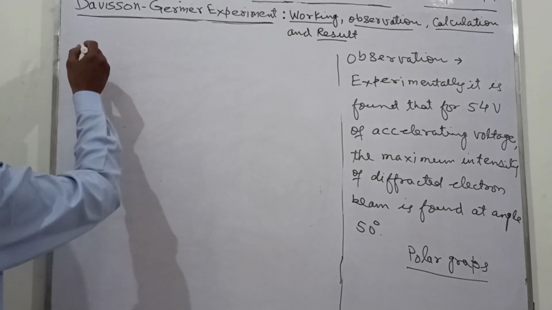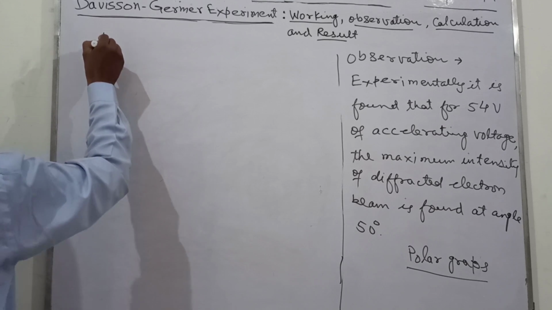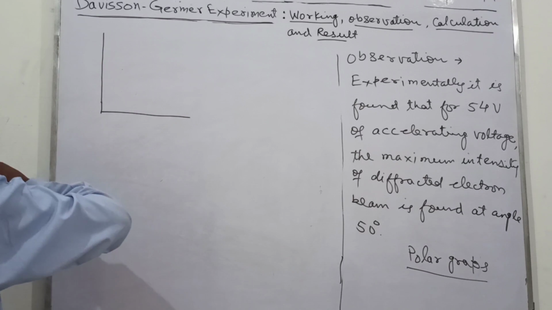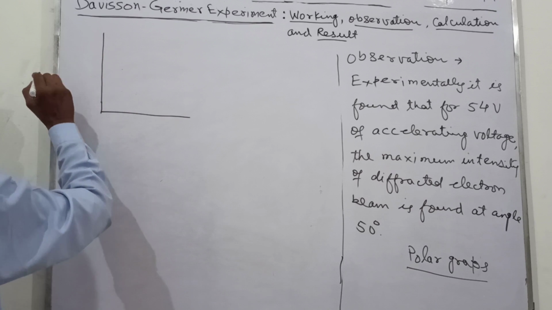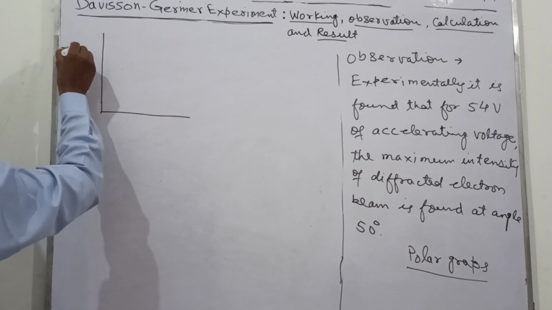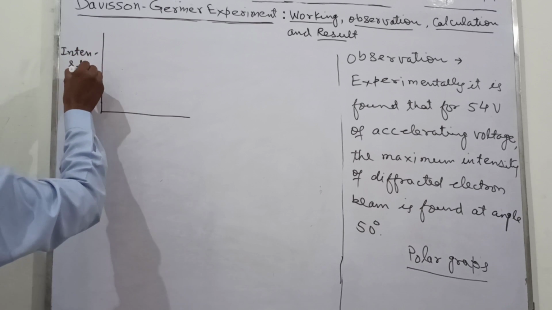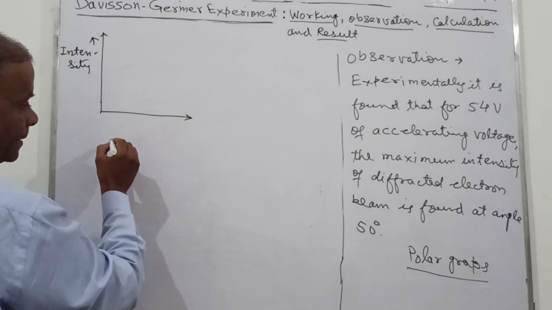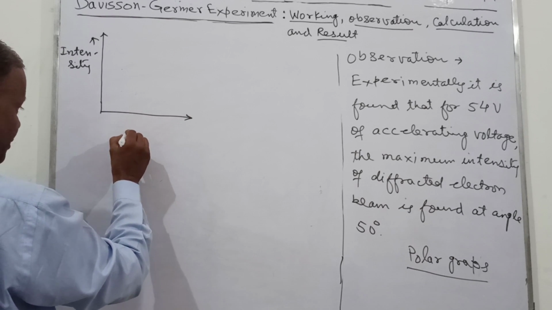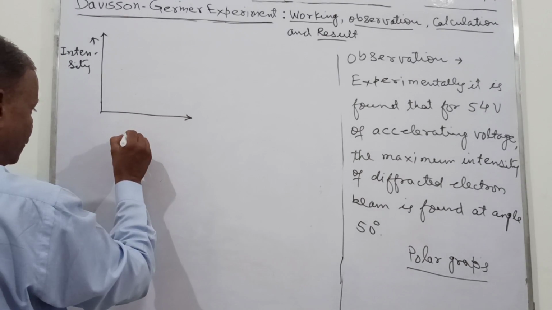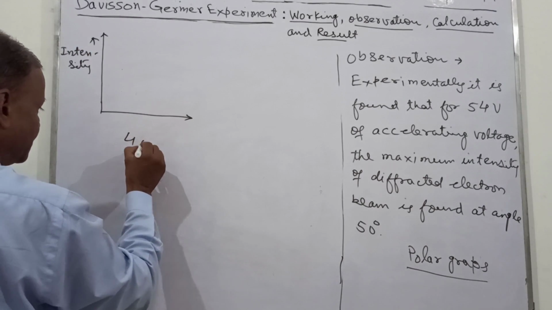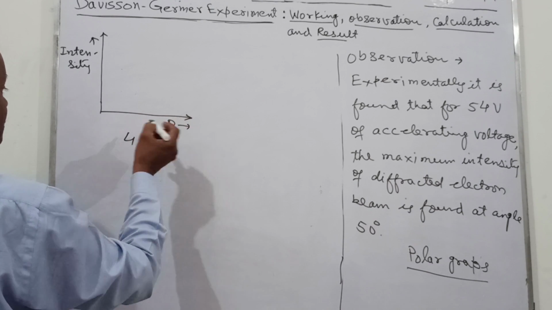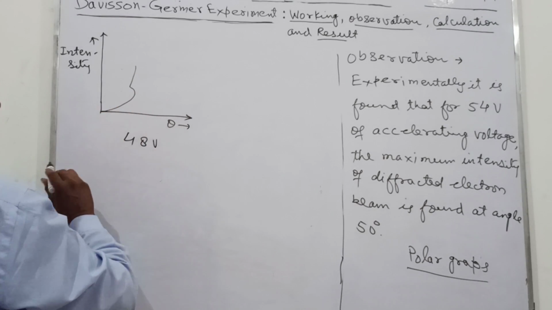Now if we draw the polar graphs, they are like this. Suppose here is intensity, and here we take the angle theta. This is for 40 volt, this is now 48 volt. Then it is found to be like this.